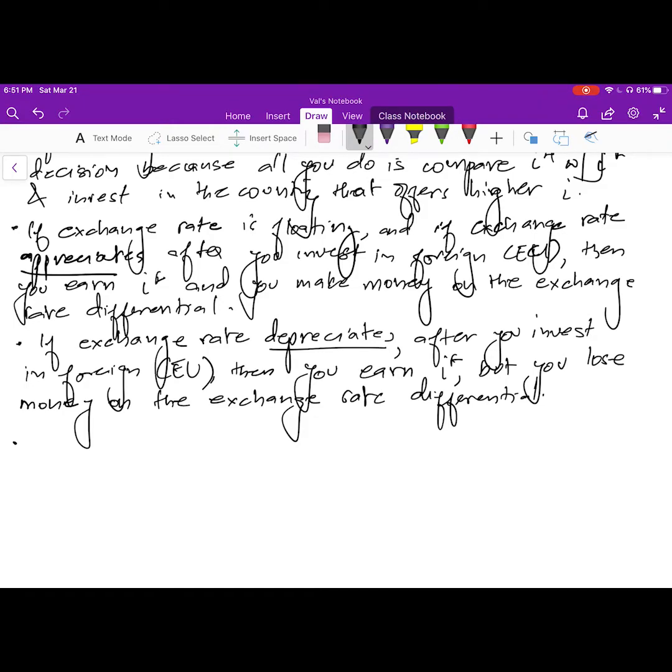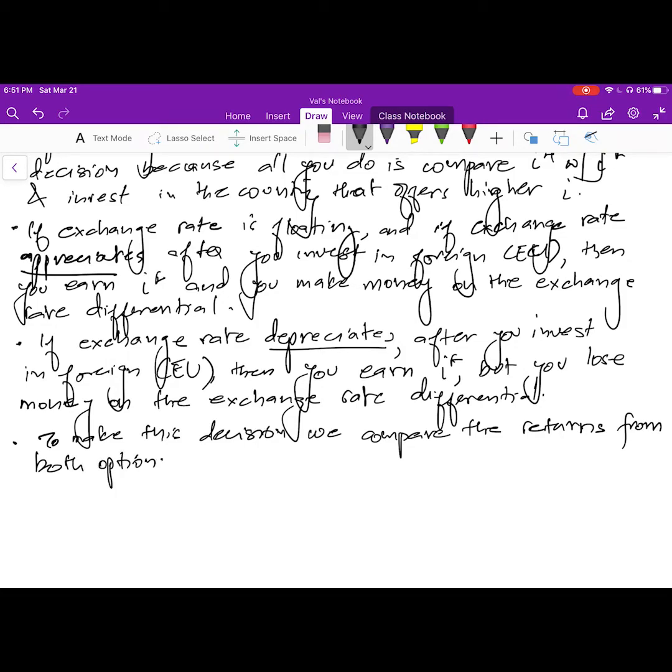To make this decision, we compare the returns from both options, right? We compare the returns from both options.